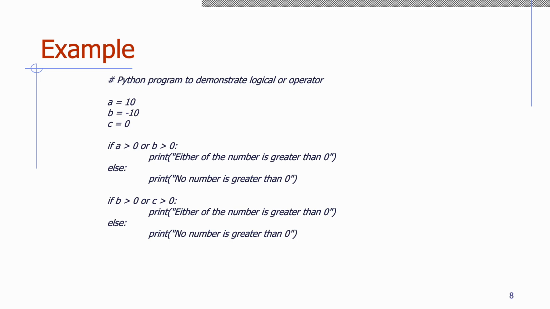And then the second condition that we have. The output of this program is going to be: either of the numbers is greater than 0. That's correct. No number is greater than 0, based on this second if-else statement, that's correct.